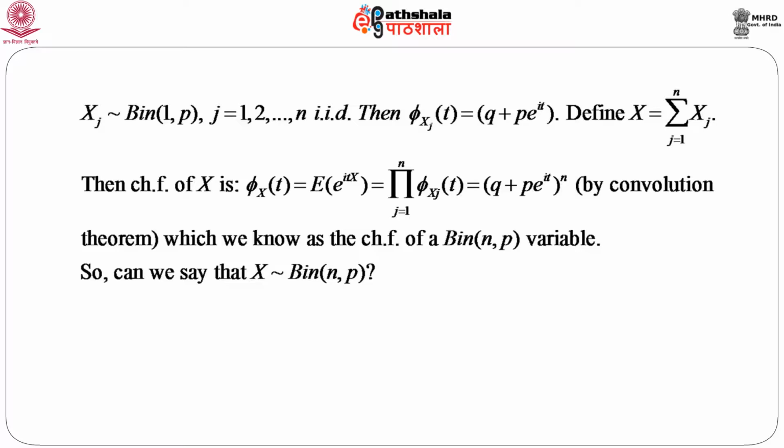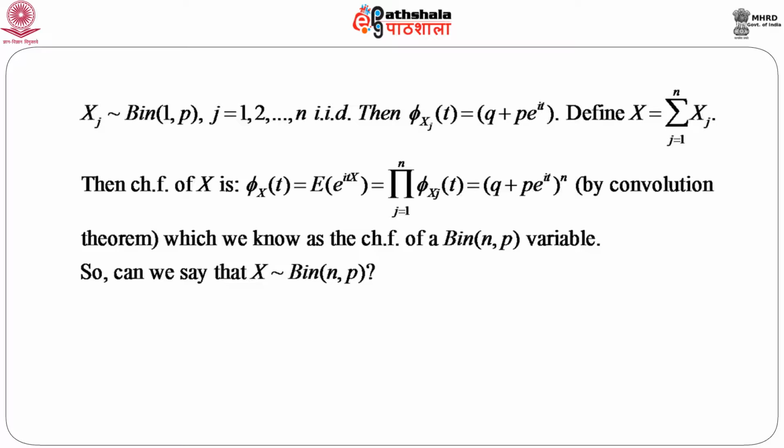the characteristic function of X can be written as phi_X(t), which is the expectation of e to the power itX, which is nothing but the expectation of e to the power it. If we replace X by the summation of X_j, then we can write this as a product of e to the power itX_j, and since X_1, X_2, ..., X_n are independent, e to the power itX_1, e to the power itX_2 and so on are also independent.